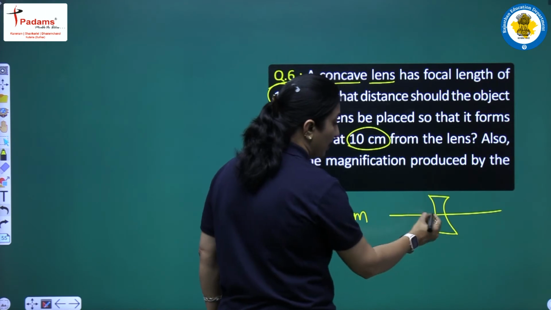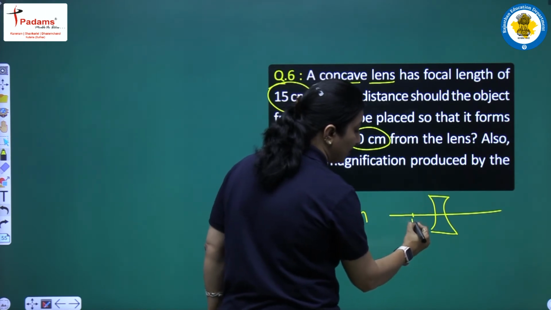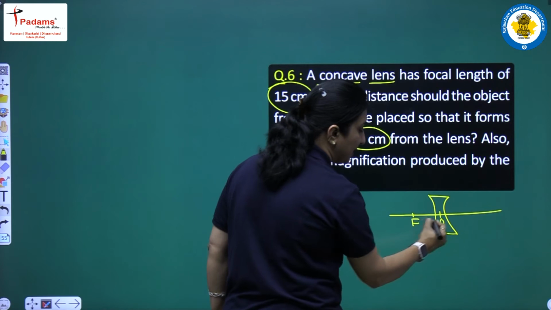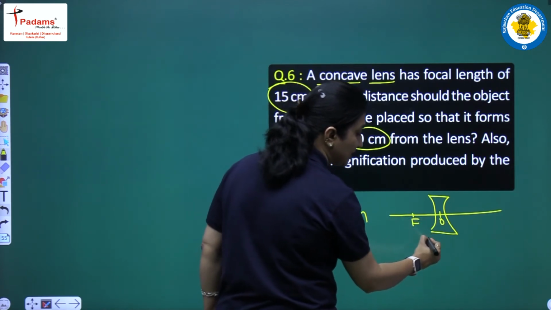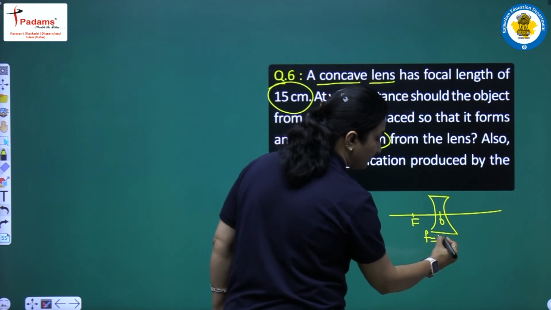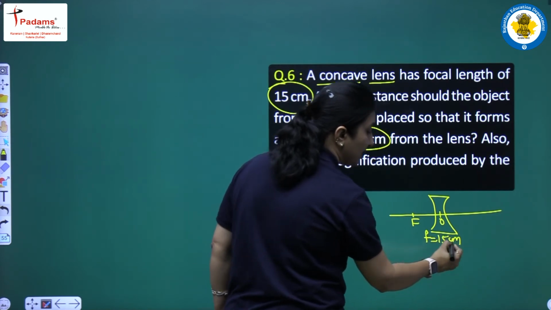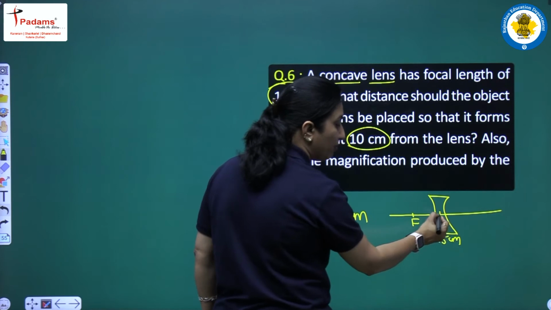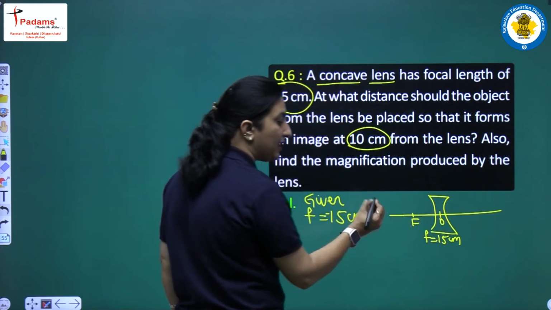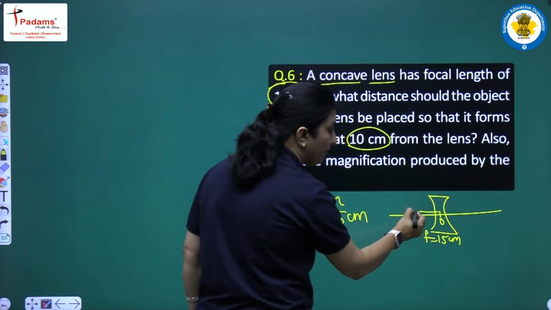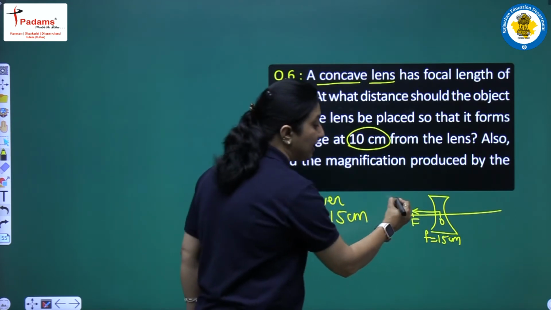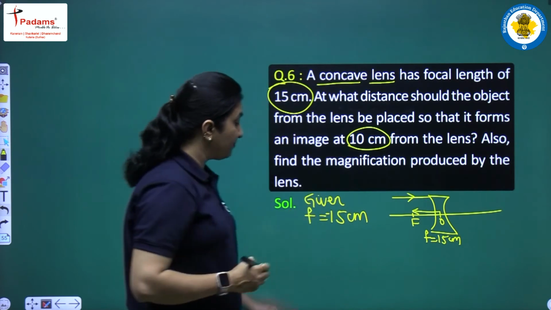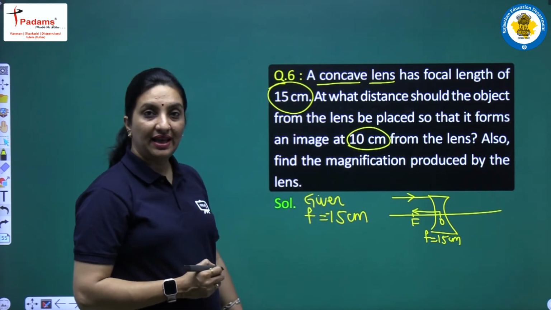Then it is given that the focal length, which is the distance between the optical center and the focus, is 15 centimeters. So f is 15 centimeters. Now since we have to measure all the distances from the optical center, we need to move in a direction opposite to the direction of the incident ray of light. So f is going to be negative.